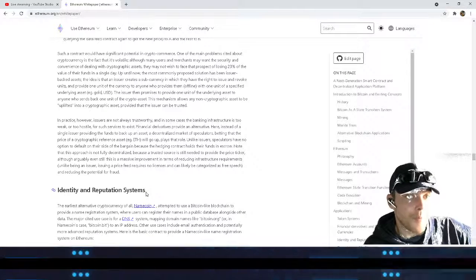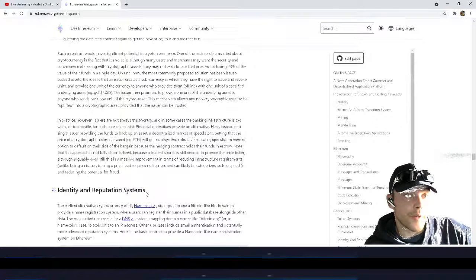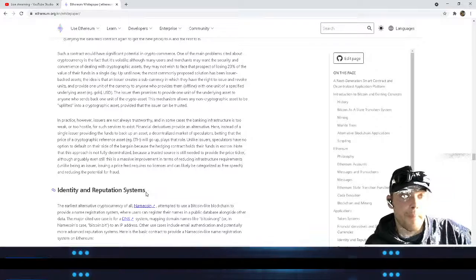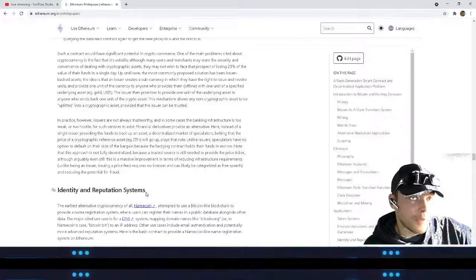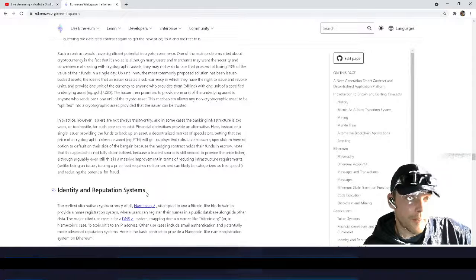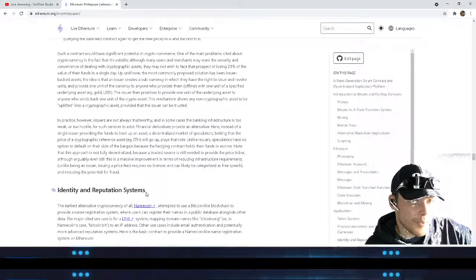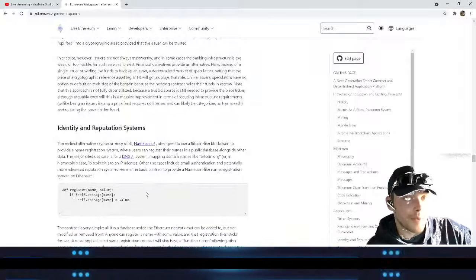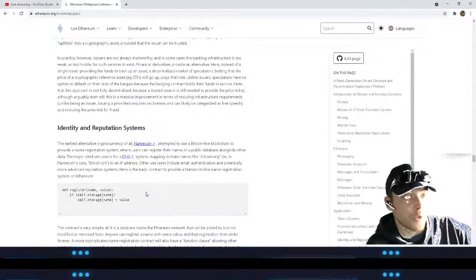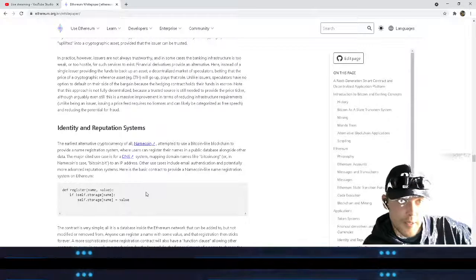The issuer then promises to provide 1 unit of the underlying asset to anyone who sends back 1 unit of the crypto asset. The mechanism allows any non-cryptographic asset to be uplifted into a cryptographic asset, provided that the issuer can be trusted. In practice, however, issuers are not always trustworthy, and in some cases the banking infrastructure is too weak or too hostile for such services to exist.